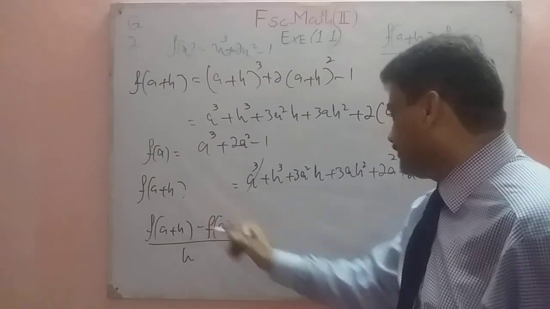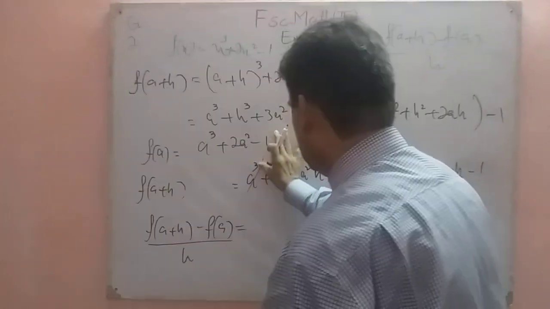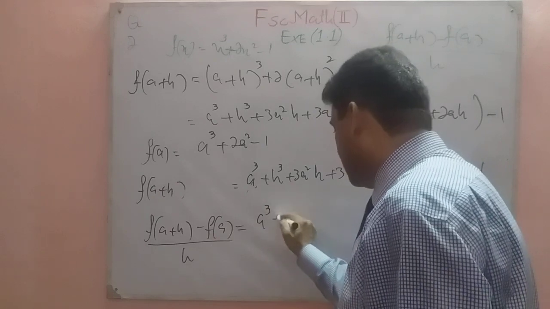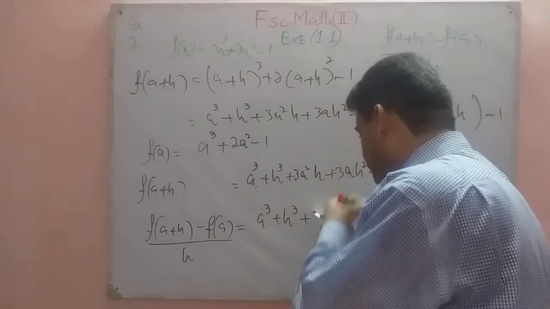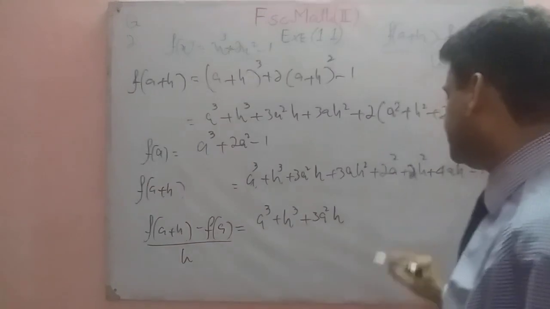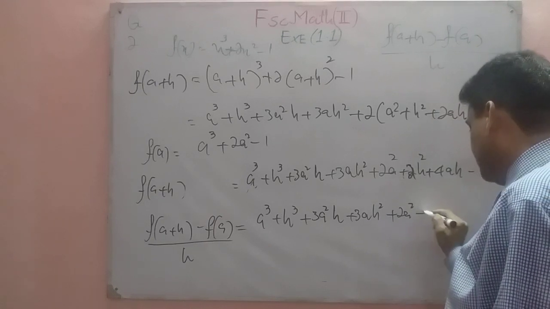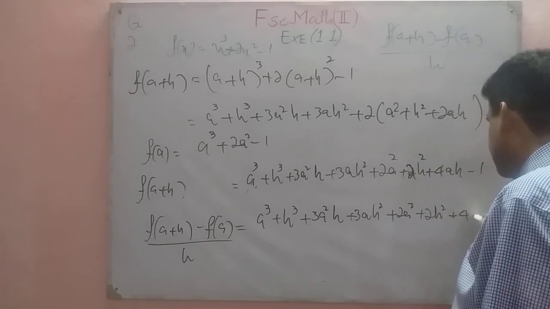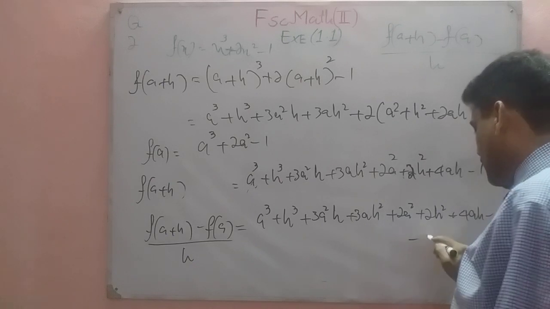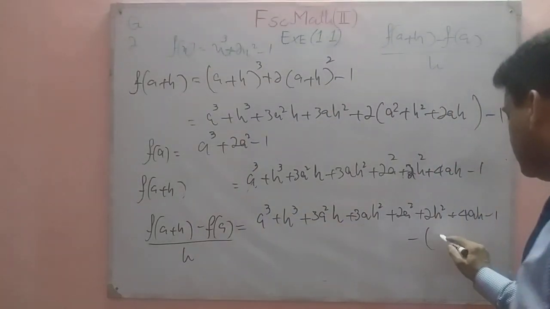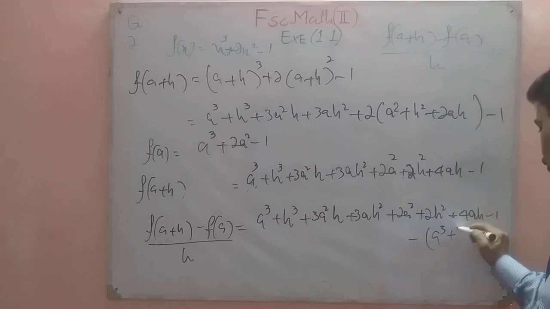The value of f of a plus h, which is a cube plus h cube plus 3a square h, 3a h square plus 2a square plus 2h square plus 4ah minus 1, minus the value of f of a, which is a cube plus 2a square minus 1.